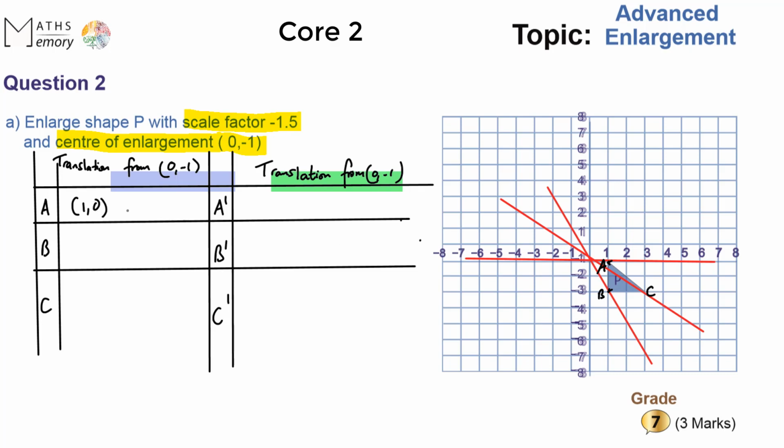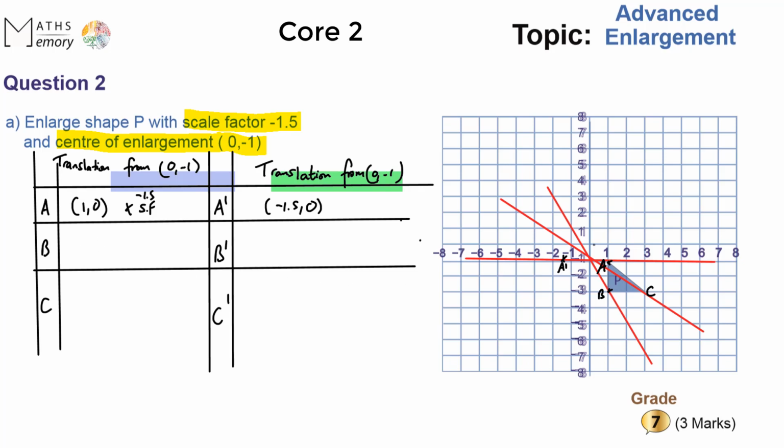Now, if you times this by a scale factor of -1.5, we're going to get an answer of A dash: 1 times -1.5 is -1.5, and 0 times -1.5 is simply 0. -1.5, 0 from the center will be 1.5 back here, and 0 up or down, so it'll simply be over there. That's A dash.